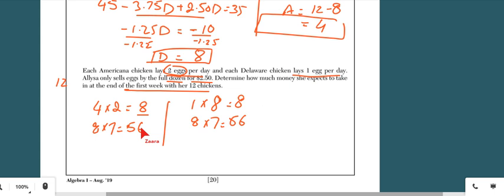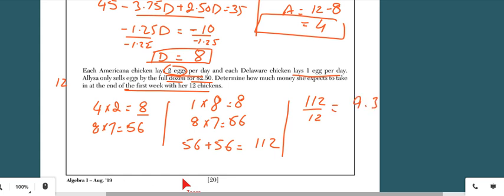Okay, so in total we have 56 plus 56 eggs, which is equal to 112, and for a dozen the cost is 2.50 dollars. Now let's convert it into dozens. So 112 divided by 12, the answer is 9.3, and let's multiply it by 2.50, so we will get 22.50 dollars.